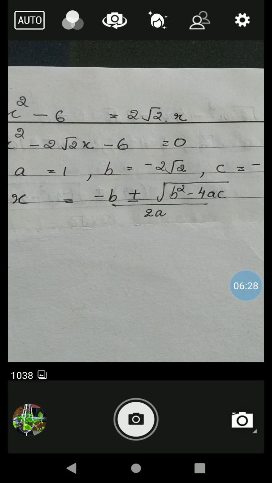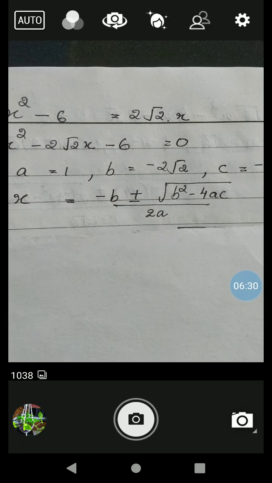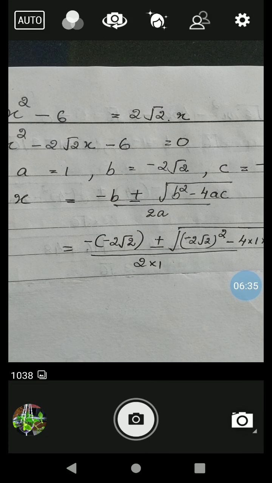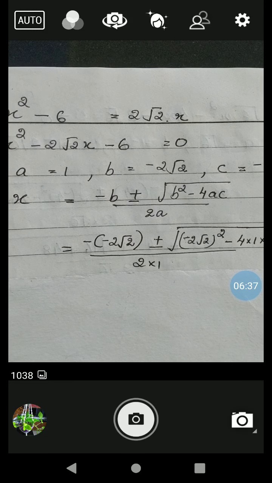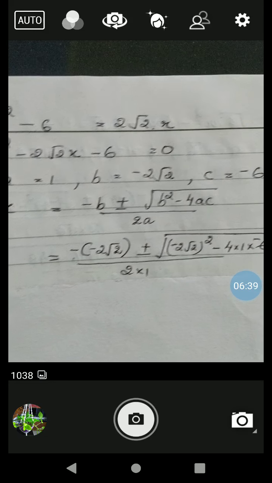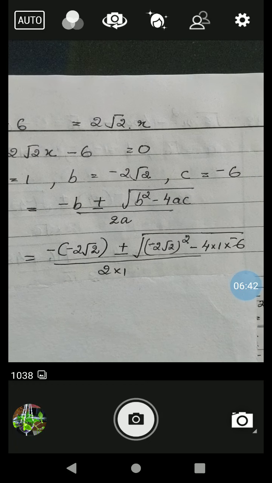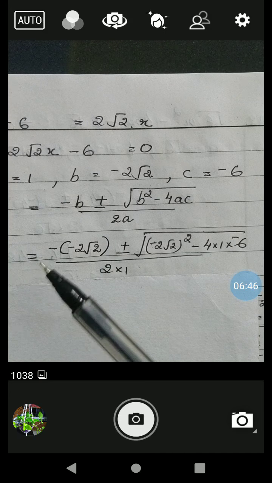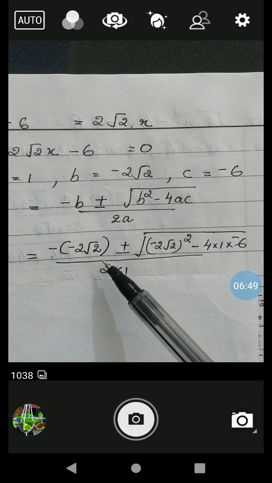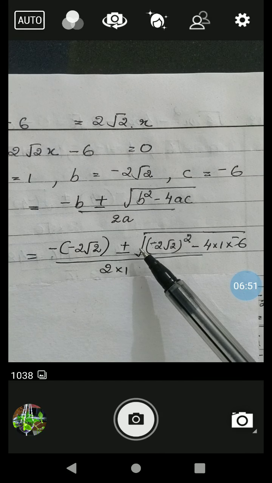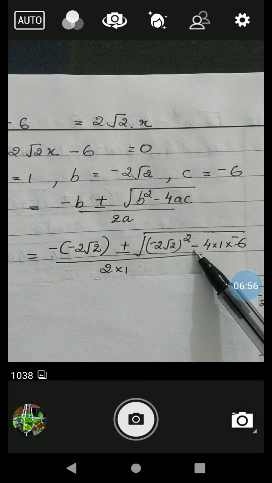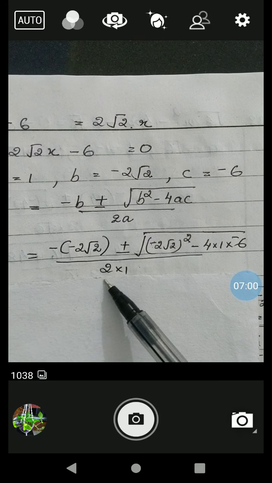Just to substitute. Here minus of minus 2 root 2 plus or minus root of b square. B square is minus 2 root 2 the whole square minus 4 into 1 into minus 6 divided by 2 into 1, that is 2a.